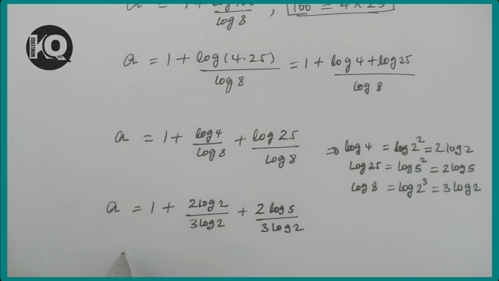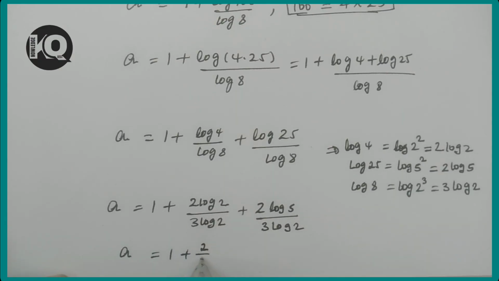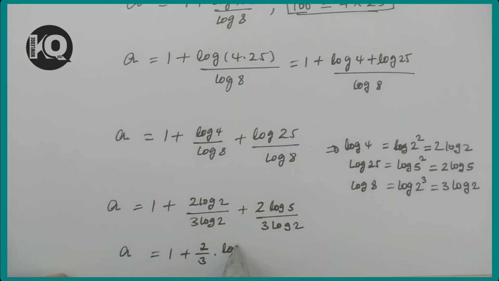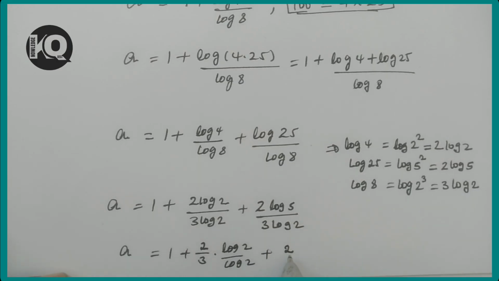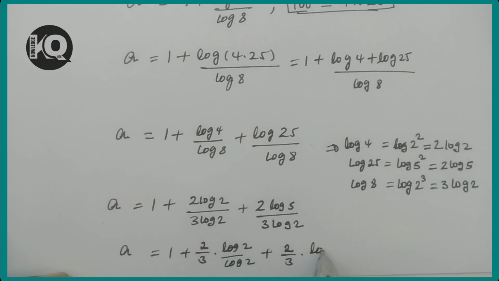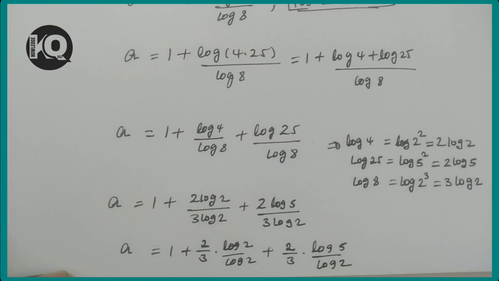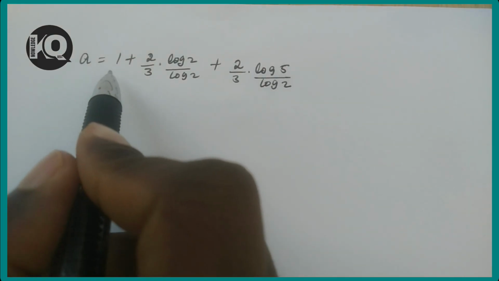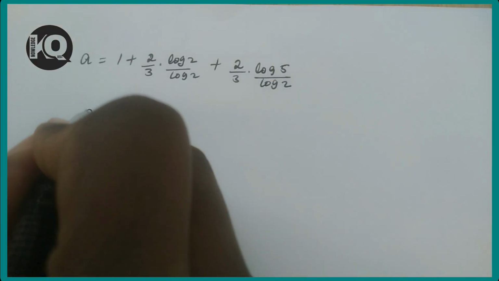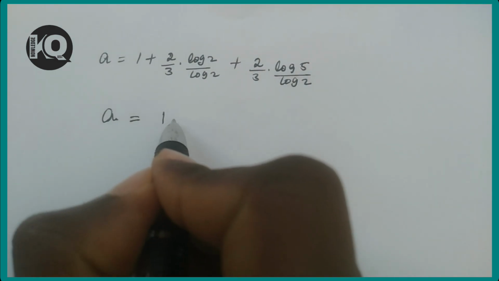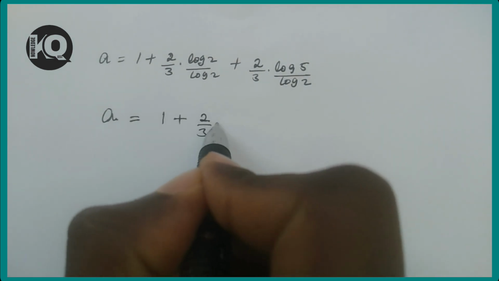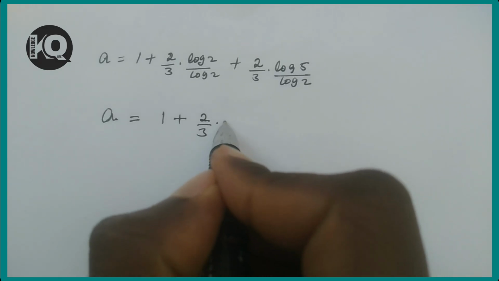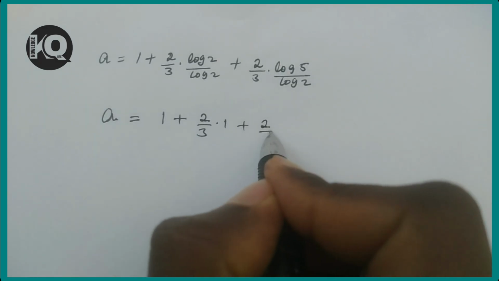And finally, a is equal to 1 plus 2 over 3 times log 2 divided by log 2 plus 2 over 3 times log of 5 divided by log of 2. So 1 plus 2 over 3 is 5 over 3.